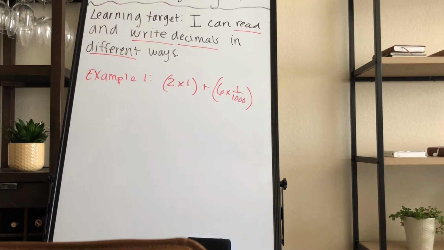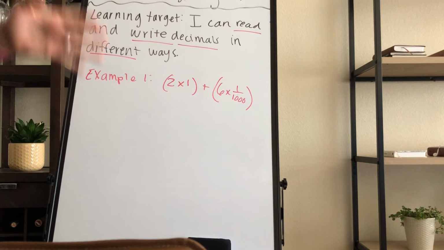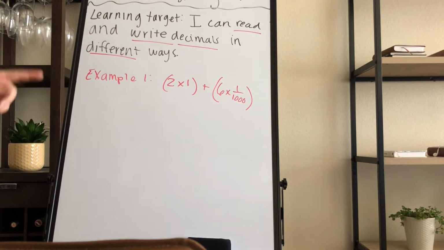All right, copy that down. Today we're going to focus on expanded form. If you need more time to write the learning target, you can pause the video, but I'm moving on.